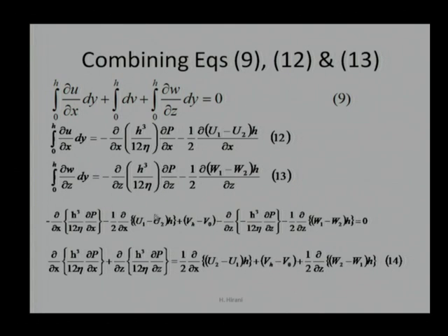We know this expression is simple. Integrating v will give me v at h and v at 0. Lower limit is 0 and h is upper limit. So, the velocity of the upper plate and the velocity of the lower plate in y direction.